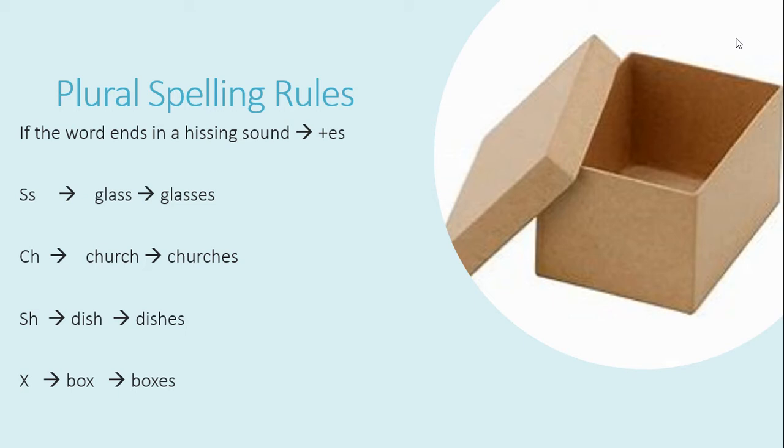So even though they all end in slightly different letter combinations at the end of those words, the s, ch, sh, x sounds can all be classed as hissing sounds, in which case we would add es.